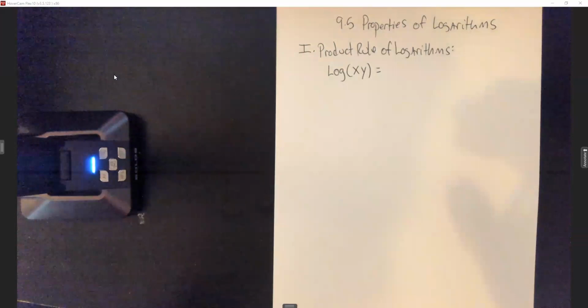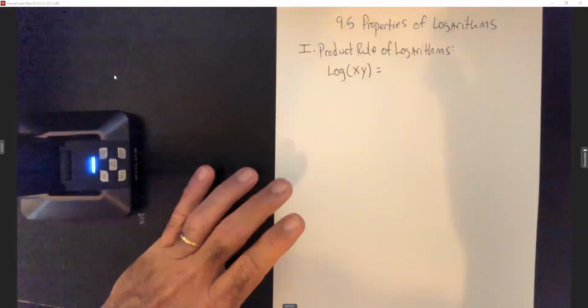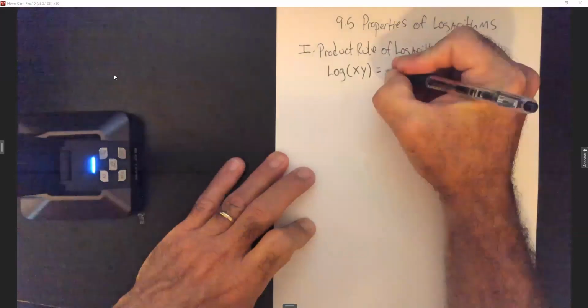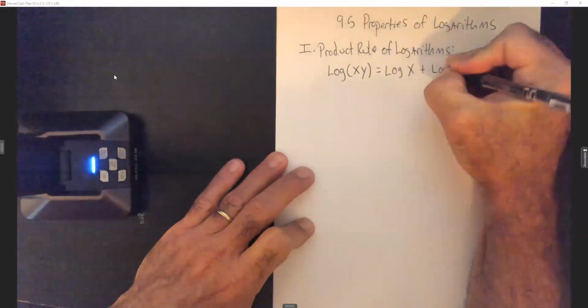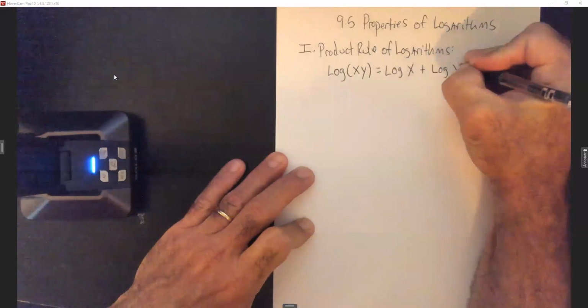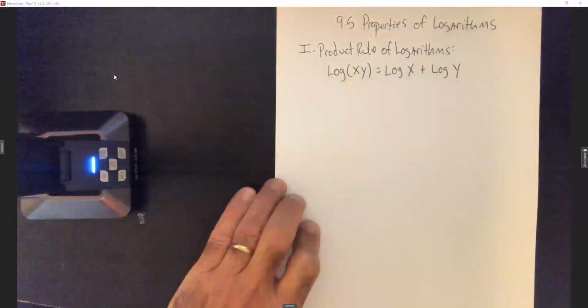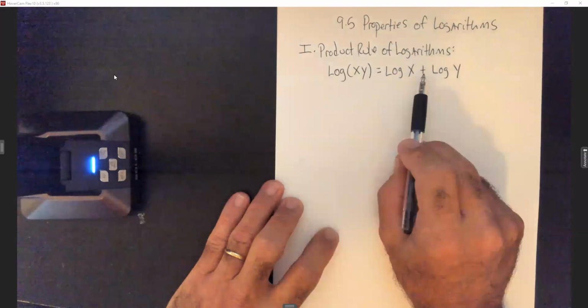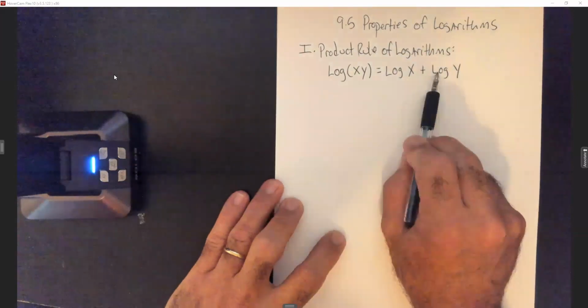So the product rule says that if I have a product, I can rewrite that as a sum of the logs. So if they're multiplying, I can write them as a sum. Also, I can start with a sum of logs and rewrite them as a single log.